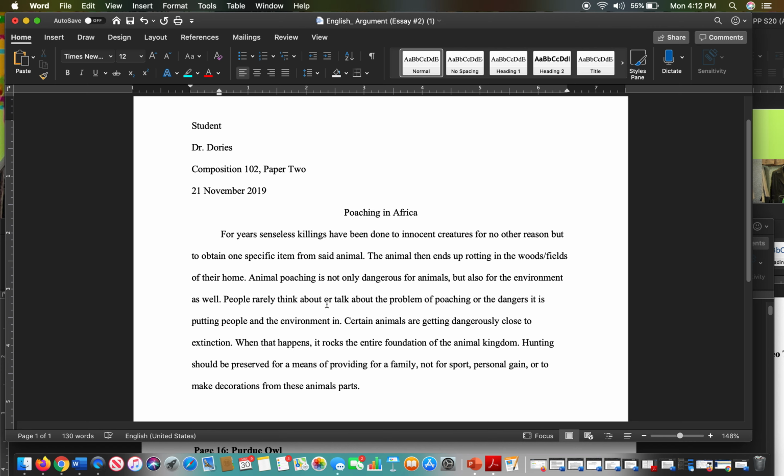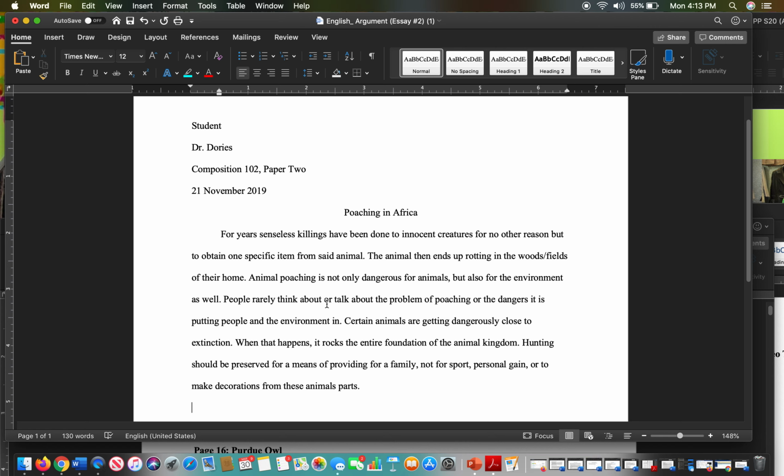Animal poaching is not only dangerous for animals, but also for the environment as well." So it starts to get more specific. "People rarely think about or talk about the problem of poaching or the dangers it is putting people and the environment in. Certain animals are getting dangerously close to extinction." So that's getting very specific, right?